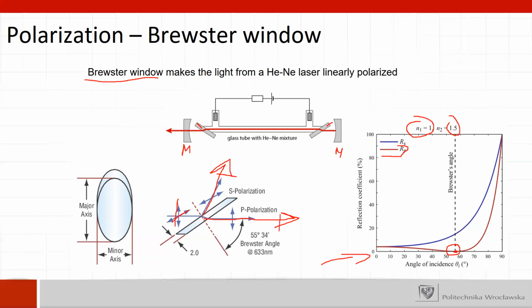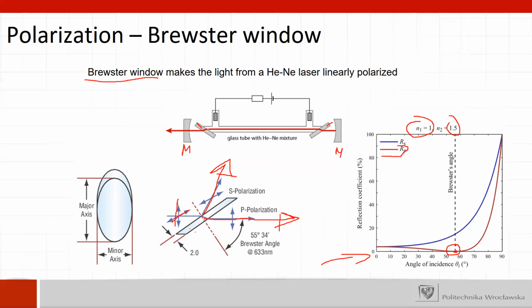This occurs at a very specific angle, which is called the Brewster angle, and it is related to the difference between the refractive indices of the glass plate and air, because of the boundary of the two media. By this kind of reflection, we can easily polarize the light.